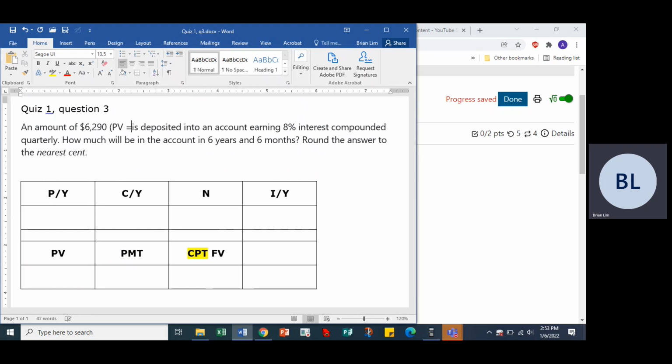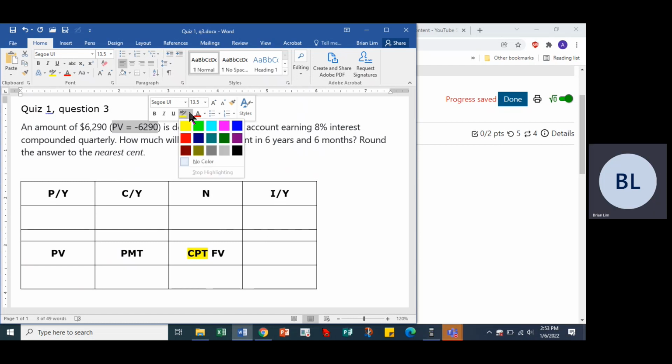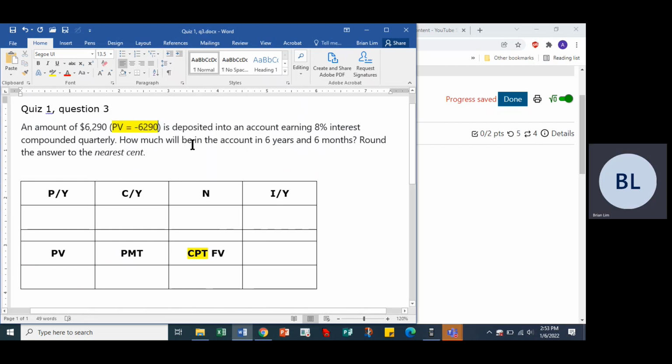You could put it in as negative 6,290, because it's left the possession of the individual, so you could say it's an outlay, it's out.